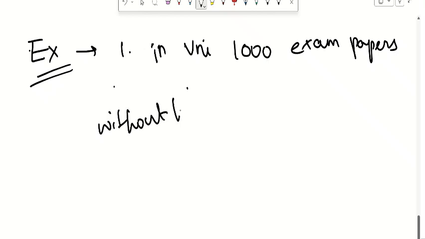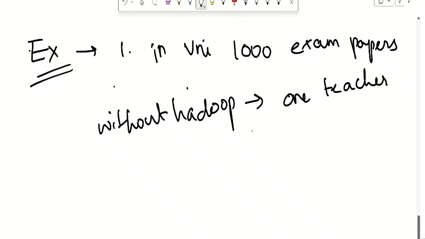Without Hadoop, one teacher checks all 1,000 papers.